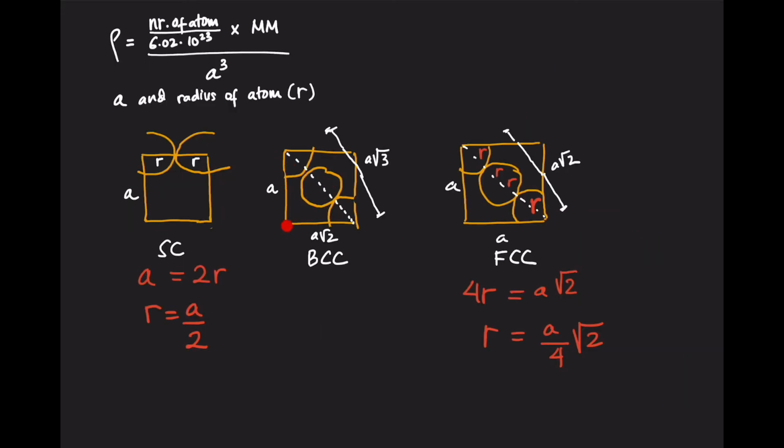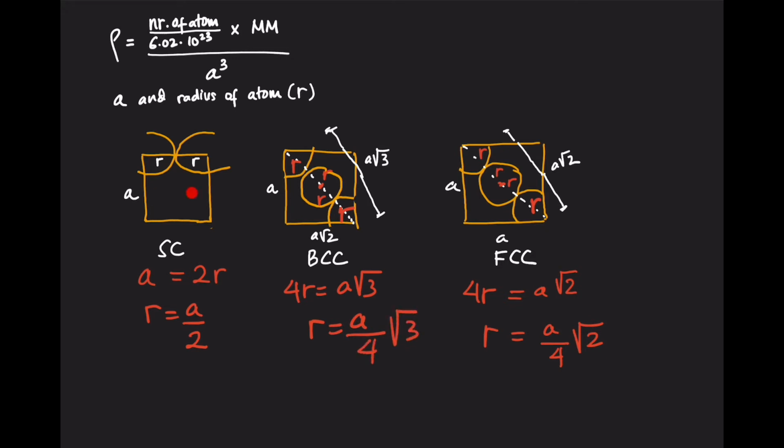We have A square root of 2, and this will be A square root of 3. In this case, this is also R, this is the midline, and this is also R. So again, 4R will be equal to A square root of 3. So R itself will be equal to A divided by 4 square root of 3.